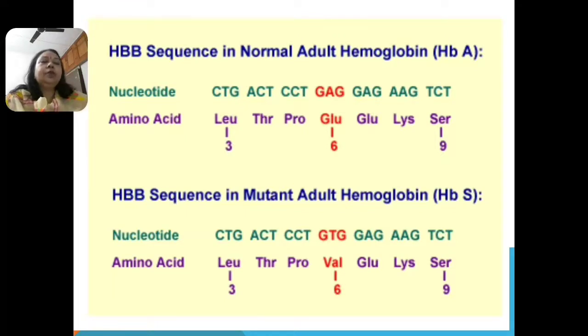GAG is for glutamic acid formation in the normal condition. But in the HBB sequence in mutant adult hemoglobin, HbS condition, GTC is formed, which is responsible for the formation of valine. And due to this valine, the shape of the RBCs can change into a sickle cell.